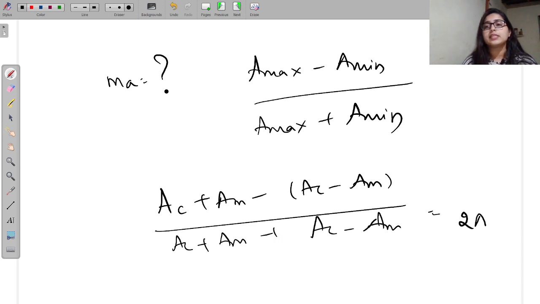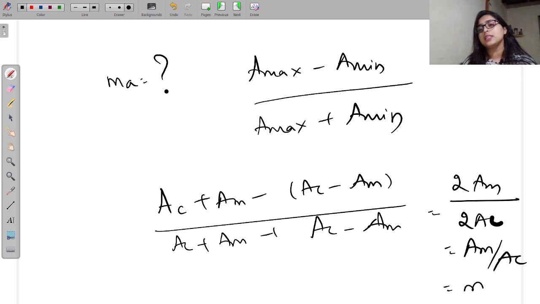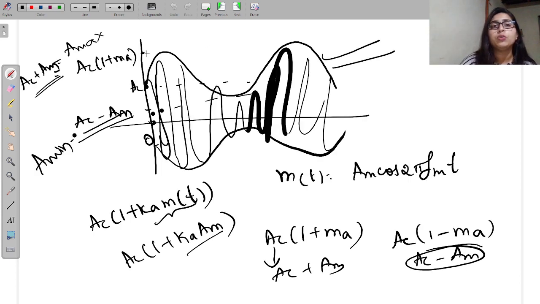So this is 2AC. Above you will be having 2AM. So AM by AC. What is AM by AC? This is the modulation index. So from this figure, how do you get to know? If you know this particular value and if you know this particular value, you can find out the modulation index.